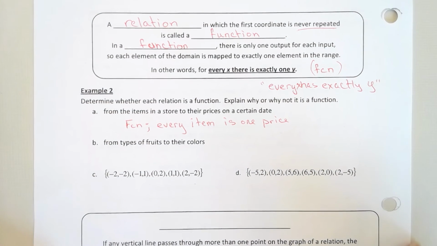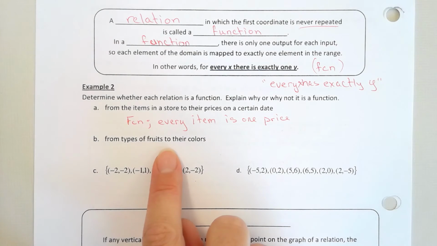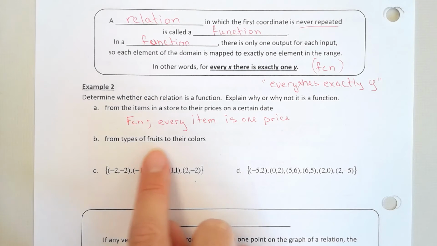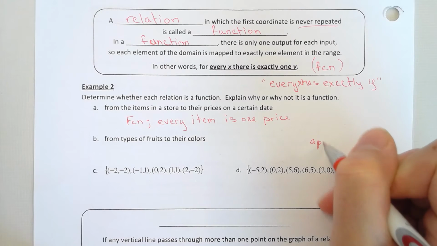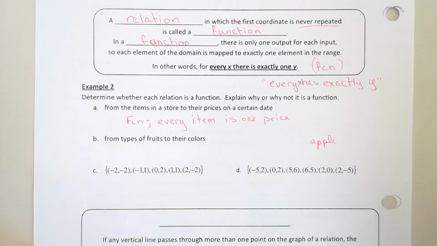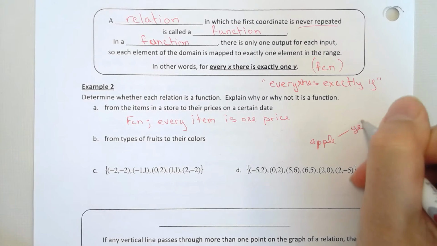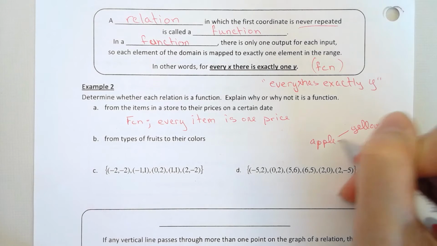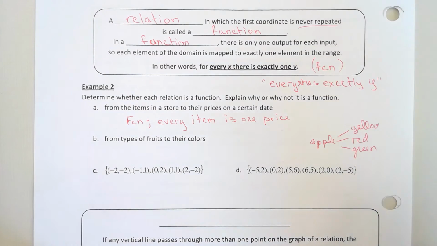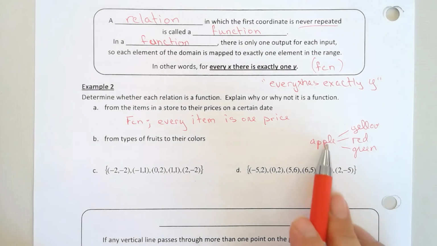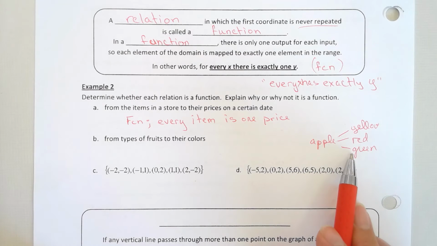Now to contrast that, we're talking about types of fruits to their colors. A good example would be an apple. If I asked you to run to the store and get me an apple, you could be picking a yellow apple, a red apple, maybe a green apple. So this is an example where one input, I wanted an apple, could have three different outputs.